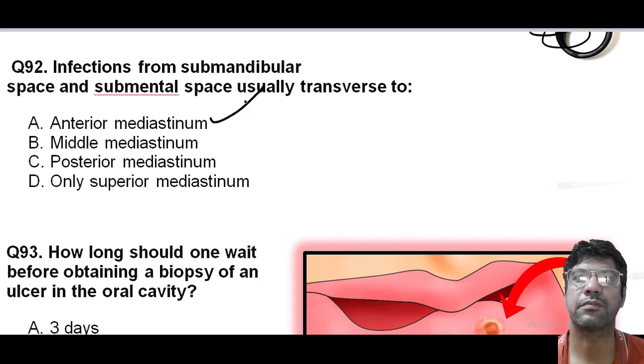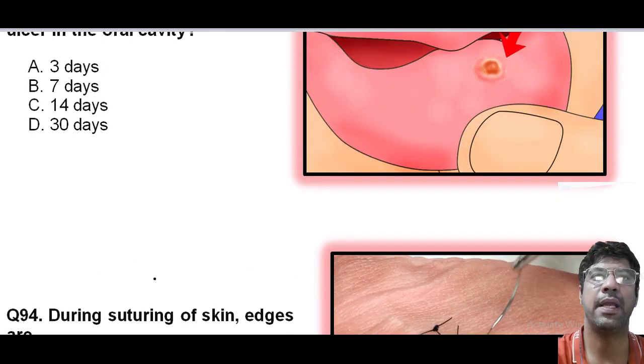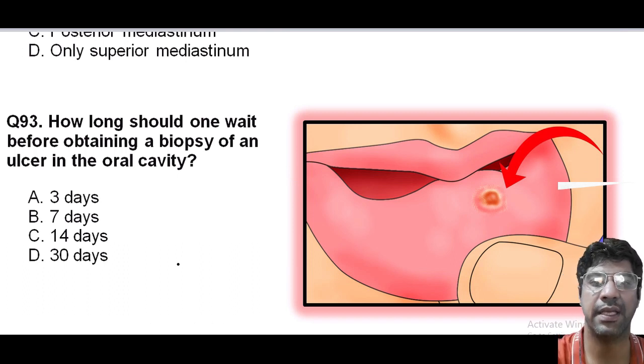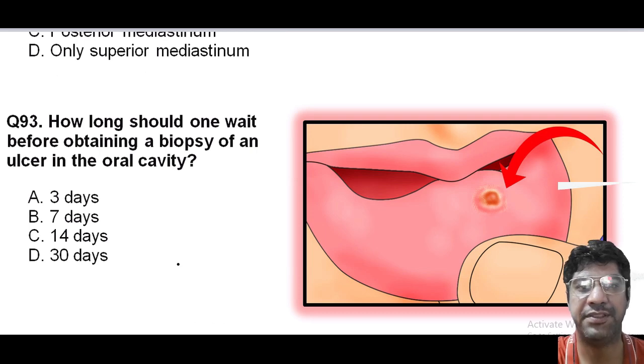Next question. How long should one wait before obtaining a biopsy of an ulcer in the oral cavity? It's generally recommended to wait for about 14 days before obtaining a biopsy.